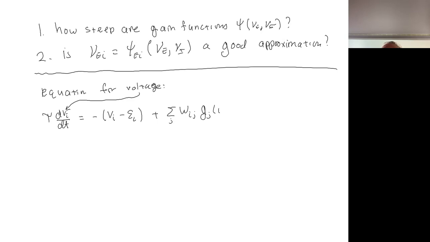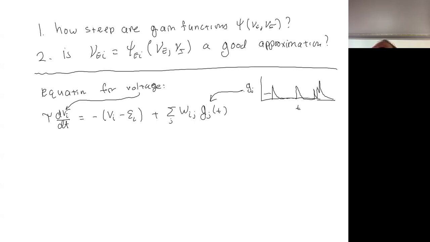And just to remind you, G_j of t was basically from presynaptic neurons. So G_j of t looks something like this. This is time, and this axis is G_j. Every time a presynaptic neuron spikes, it just jumps up by small amounts. If you get multiple spikes in a row, it can go up a little bit.